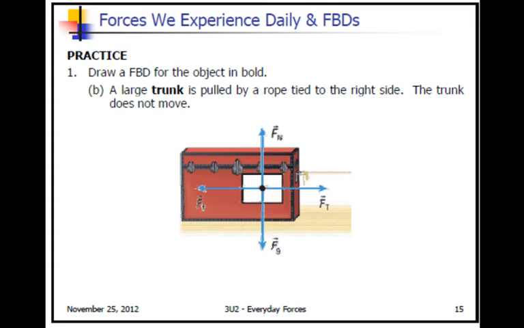This is about a trunk that is being pulled by a rope. So this trunk, it's being pulled by a rope, so there's a tension force that's pulling it towards the right. The trunk does not move, so the force of friction acting against that would be equal to the tension force. It would be enough force to prevent it from moving.